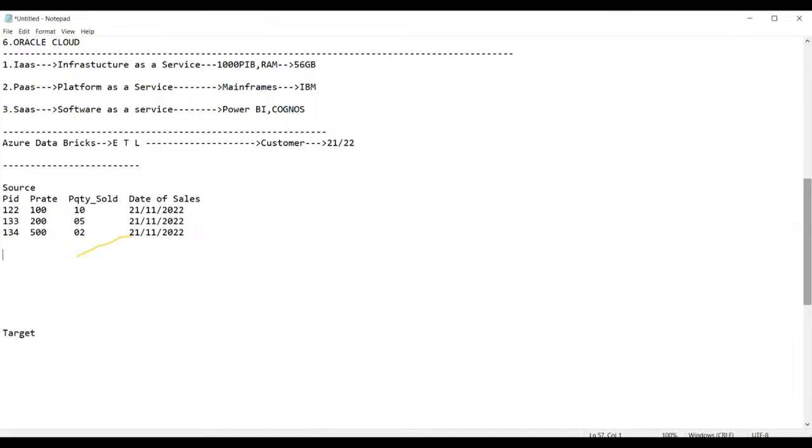So I'll simply copy this information and paste it here. But instead of the earlier rates, I will make the rates 200, 300, and 1000. The product quantity sold stays as it is, but I'm changing the date to 22.